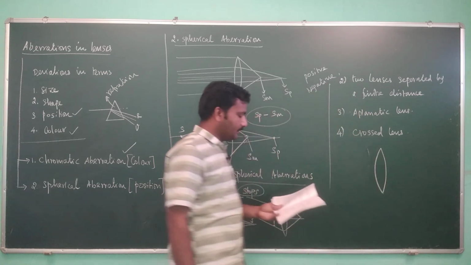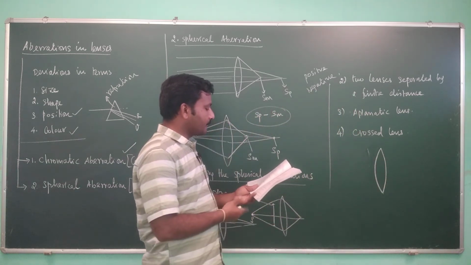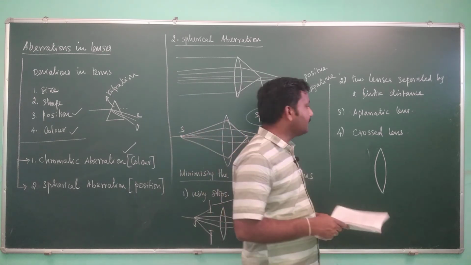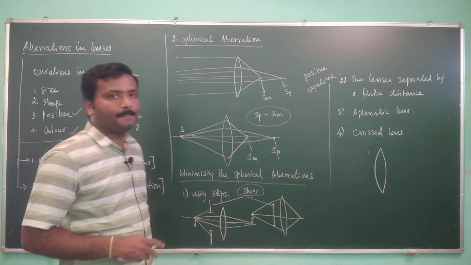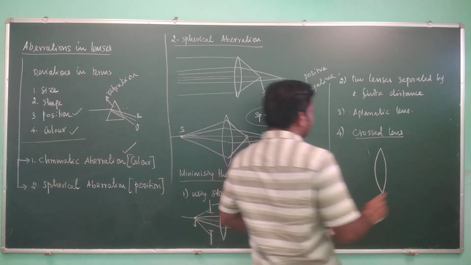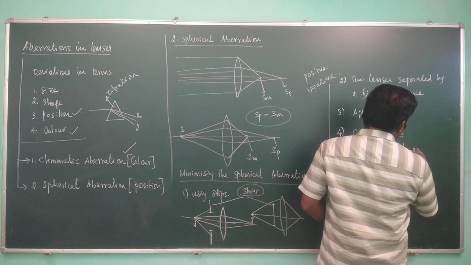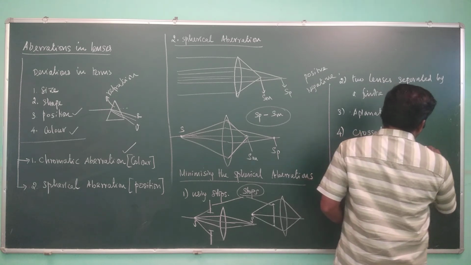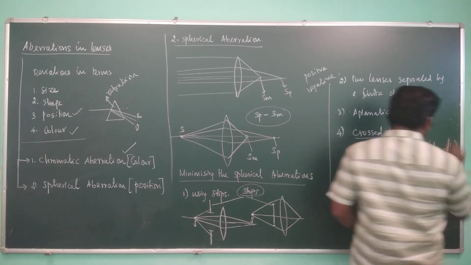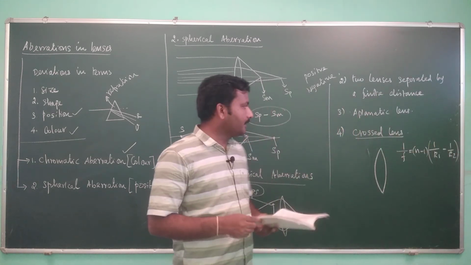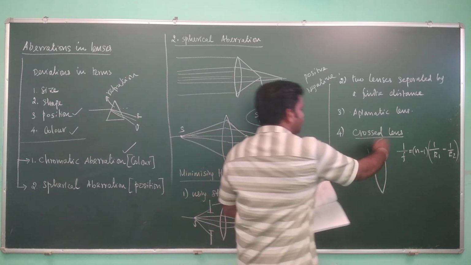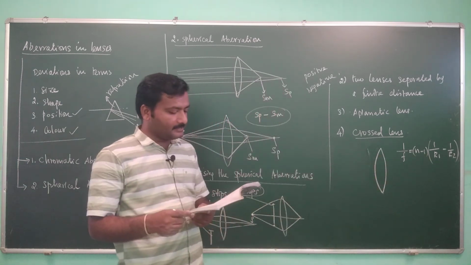You could notice that the radius of curvature will differ for different lenses, and it will satisfy a particular condition, right? What is the condition for a crossed lens? We will see now. We know that the equation for focal length is 1/f = (n minus 1)(1/R1 minus 1/R2), where R1 and R2 are the radii of curvature of the two sides of a convex lens.